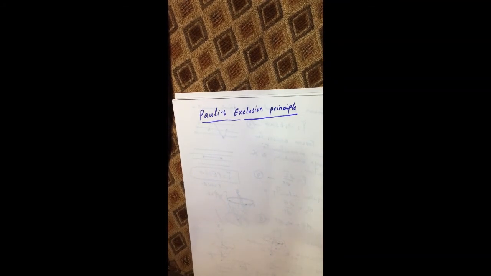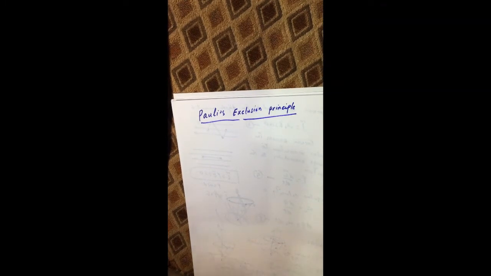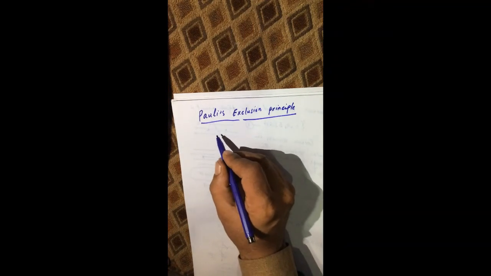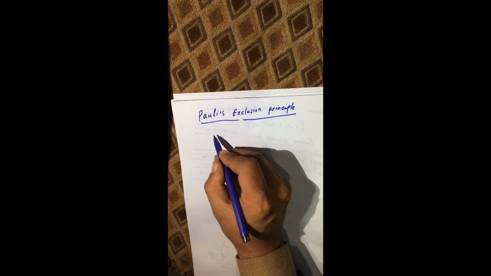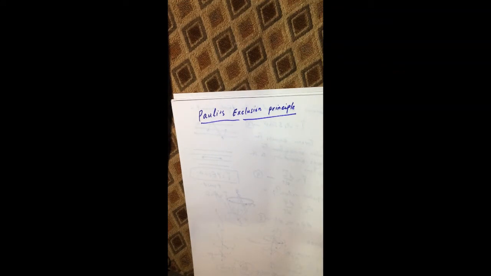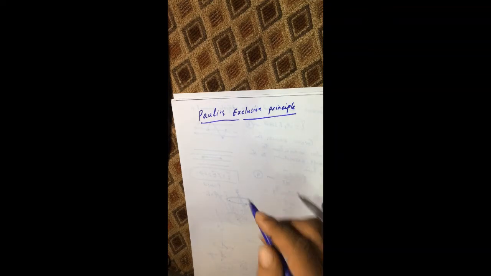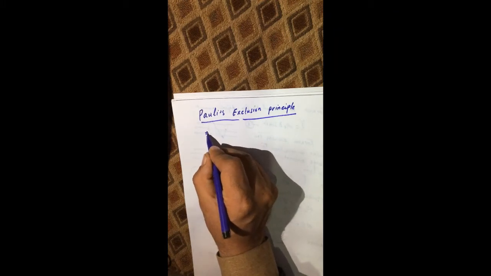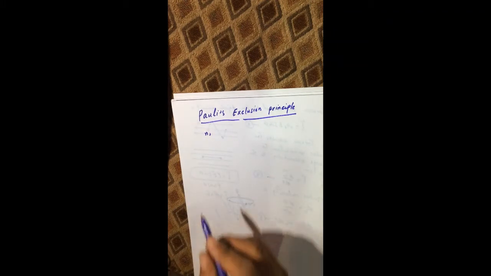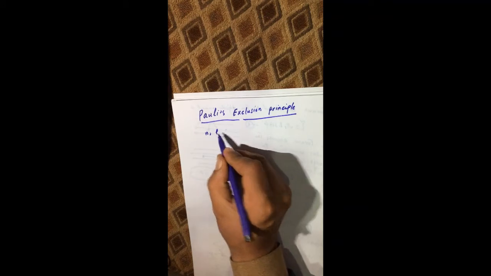Okay, guys. Next, we have the Pauli exclusion principle. As I already mentioned, the state of an electron in an atom is completely specified by four quantum numbers. One is the principal quantum number n. The other is the orbital quantum number l.